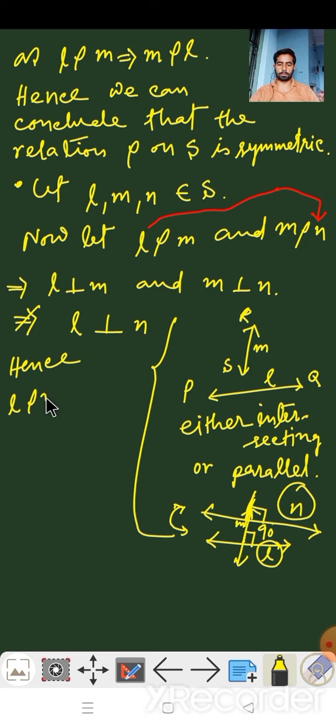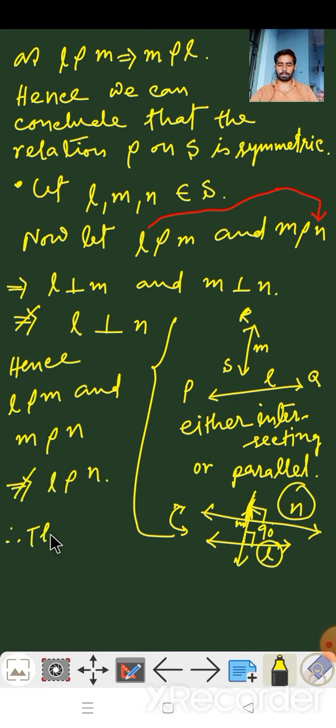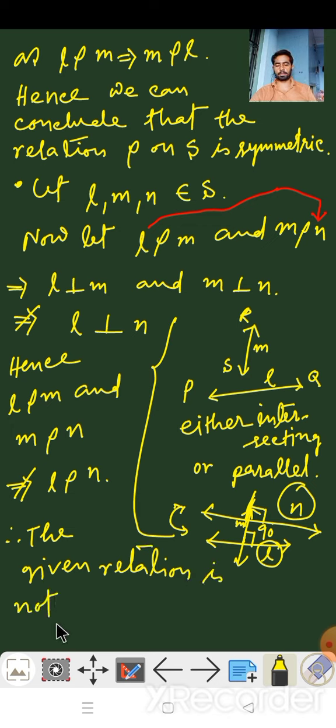Hence we can conclude that l related to m and m related to n does not imply that l is related to n. Therefore, the given relation is not transitive.